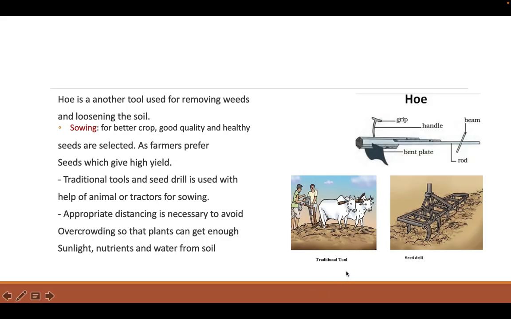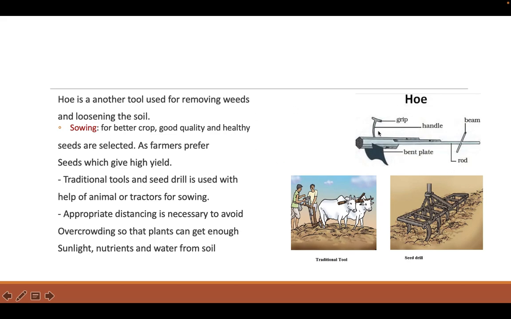So here we are discussing some traditional tools used to insert the seeds. These are the tools used with the help of animals, and also human beings are involved. And there is a seed drill also, where you put in the seeds and they are inserted at proper intervals in the soil to produce a better crop.